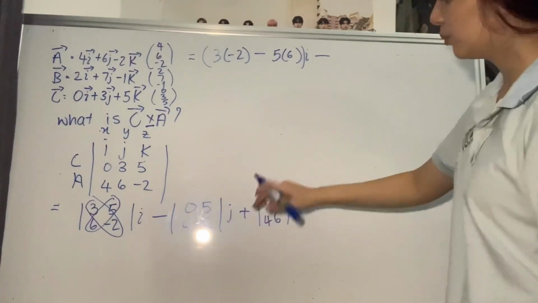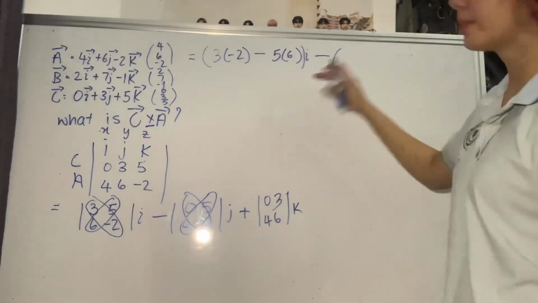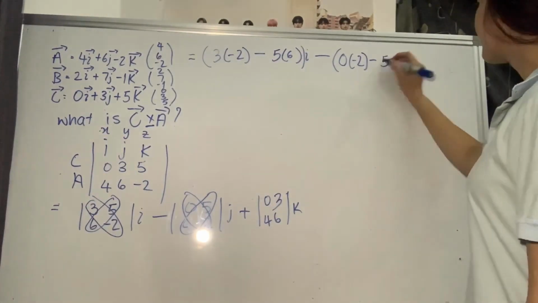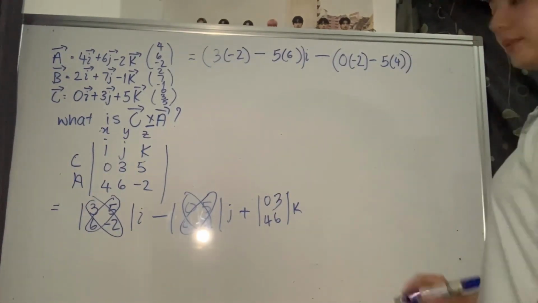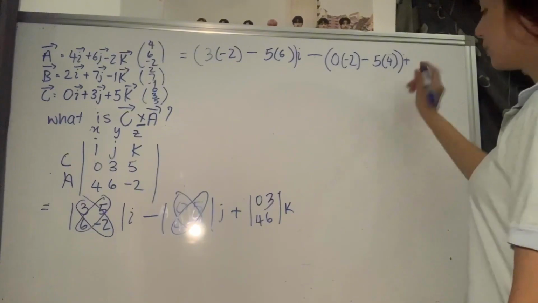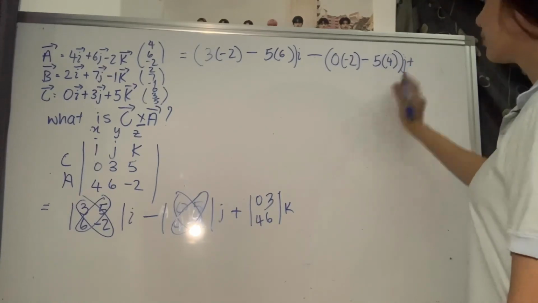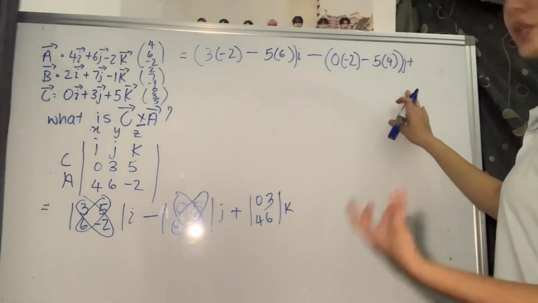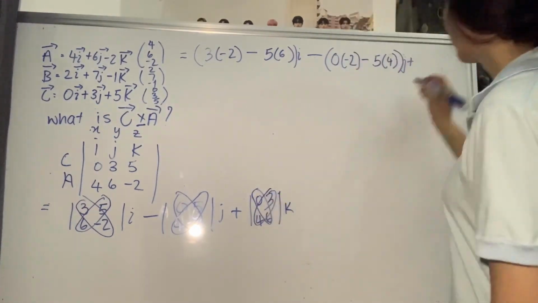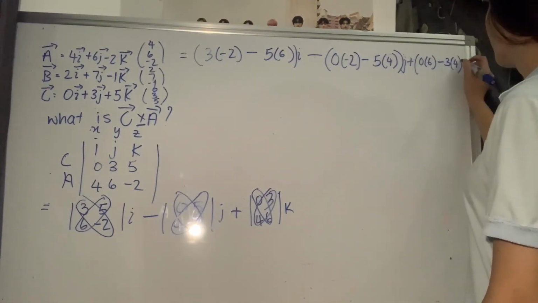Then we move on to our J, which is 0 times minus 2 and 5 times 4, in brackets. With the remaining space, we do plus, and it's best if you add the letters so that you remember which numbers you're looking for. Then we have K, which is 0 times 6 minus 3 times 4.